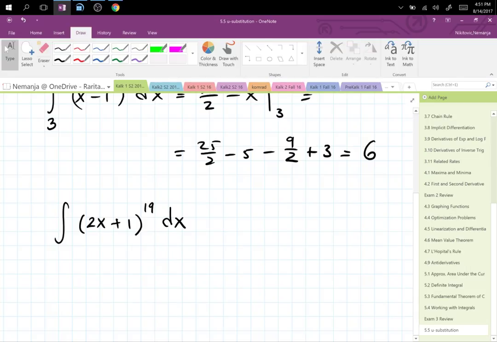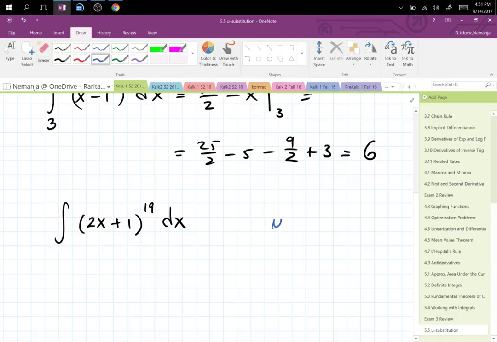Or you can use U sub. This is the way of thinking that you need to adopt when you're solving these problems. If this was one thing, then that one thing to the 19th is easy to integrate because it's just whatever to the 20 over 20. We use the rule.